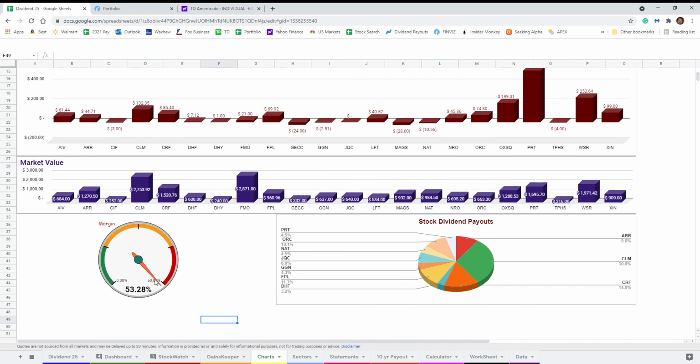This is my margin I was showing earlier. This is of course a bigger version of it, so it's easier to see. And here, the stocks that have actually paid out dividends, it's showing which stock, according to the pie chart, has paid out the most so far. So that's kind of neat there also.